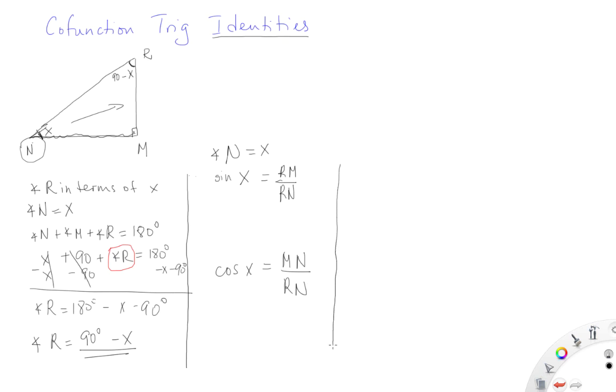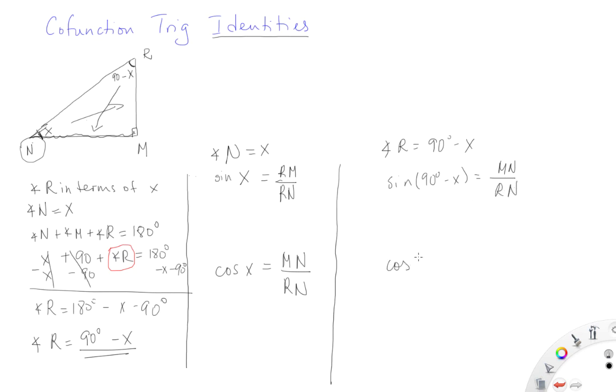Now, let's answer the third question. We want to know the sine and cosine of angle R. We just found out that angle R is 90 degrees minus X. So sine of 90 minus X is equal to, the opposite side from R is over here, MN, and the hypotenuse again is RN.